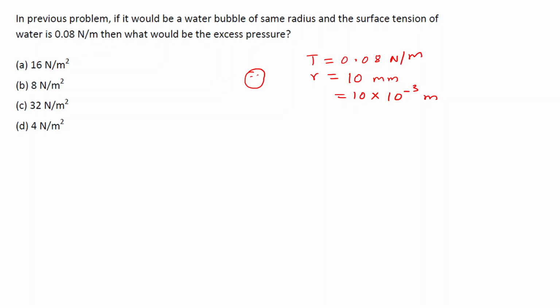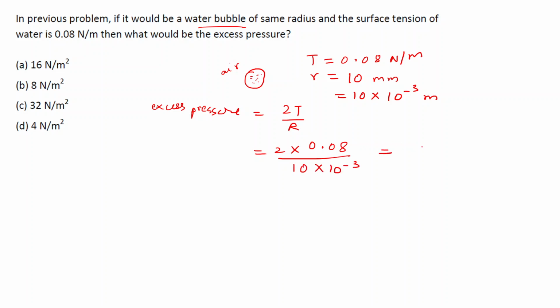Now for a liquid drop, water bubble means inside also it's water, so on the surface it's air outside and water inside, so it has only one surface. For this, the formula for excess pressure, which we have been asked to calculate, is 2T by R. 2 times T, which is 0.08, divided by the radius value.